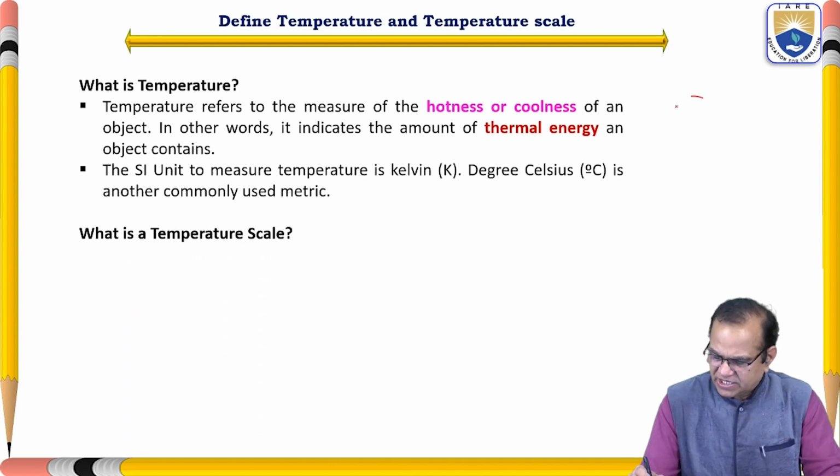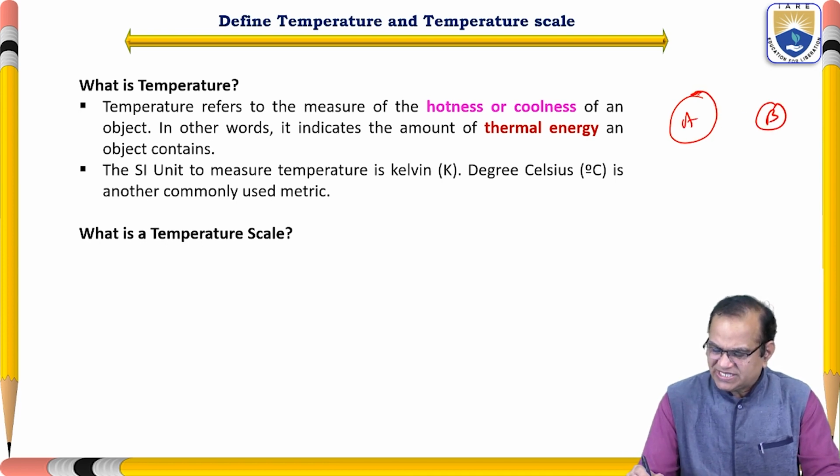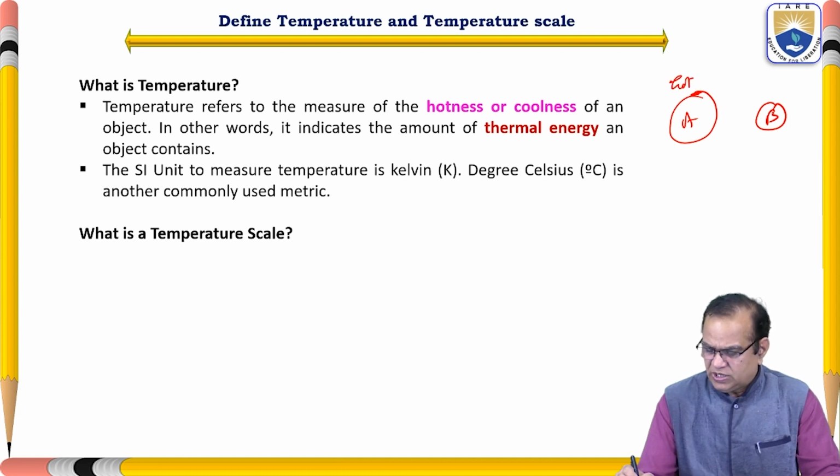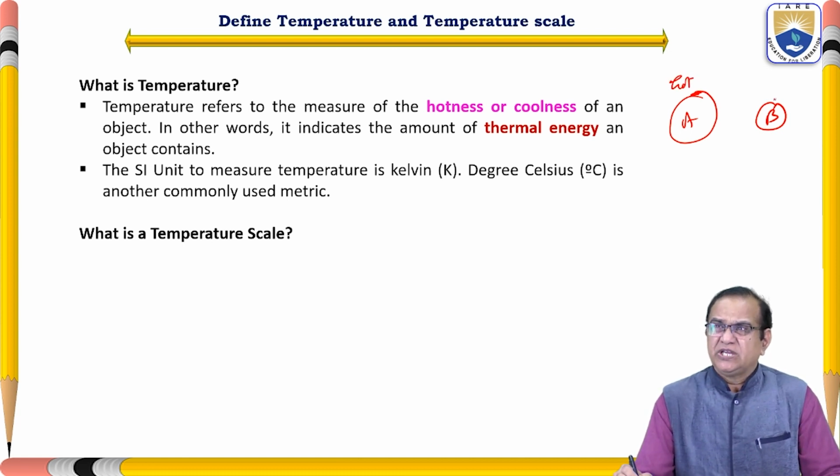If you see here, one object is A, another is B. If you touch A, you will feel some hotness, and if you touch B, you will feel a lower hotness. By this sense, you can say this one has more temperature and this one has less temperature.